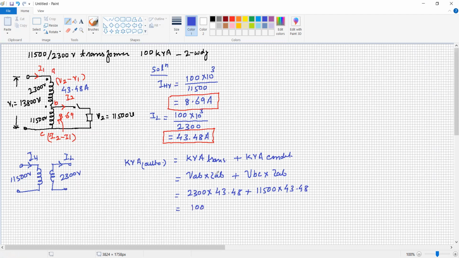The kVA transform is 100 kVA, because the kVA rating is 100, plus kVA conducted is 500, and therefore the total kVA rating of the auto transformer is 600 kVA.